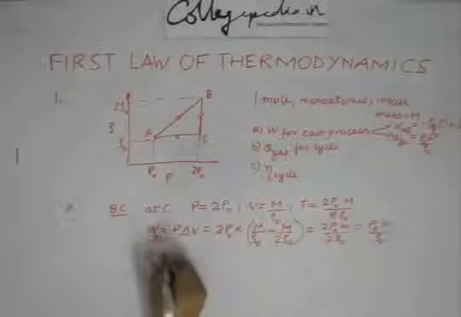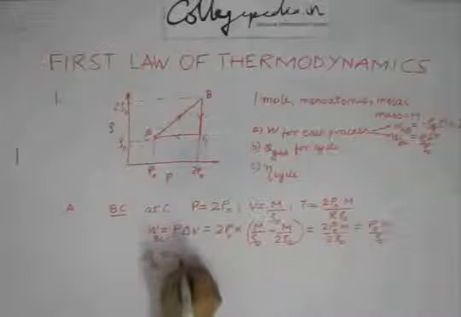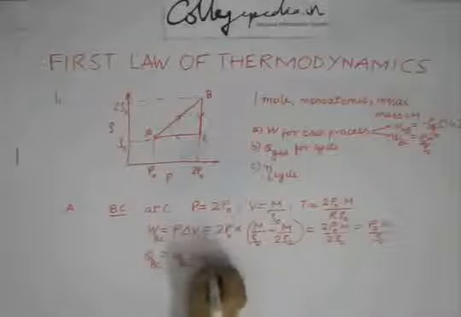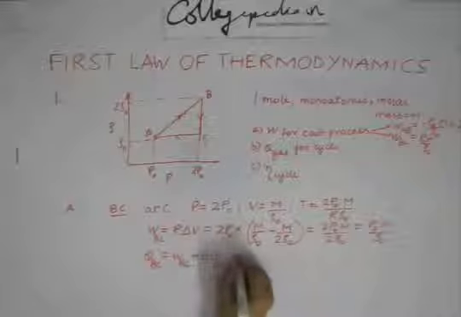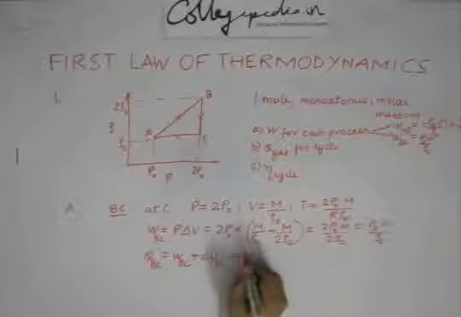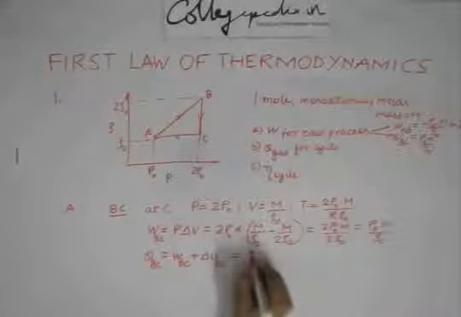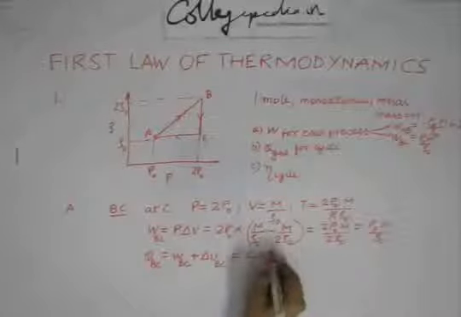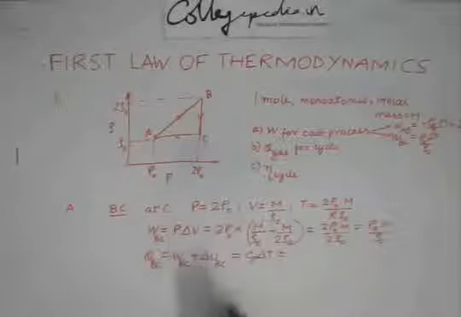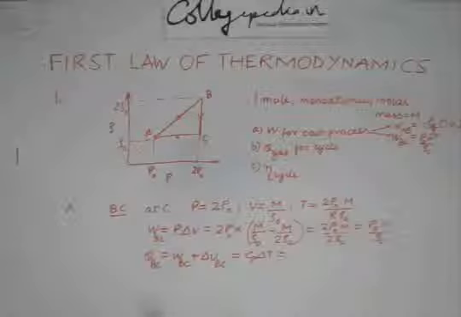QBC is going to be equal to WBC plus delta UBC, or we can directly write for an isobaric process, this is going to be Cp delta T. Cp is going to be R gamma by gamma minus 1. For a monoatomic gas, the gamma is going to be, sorry, 5 by 3.